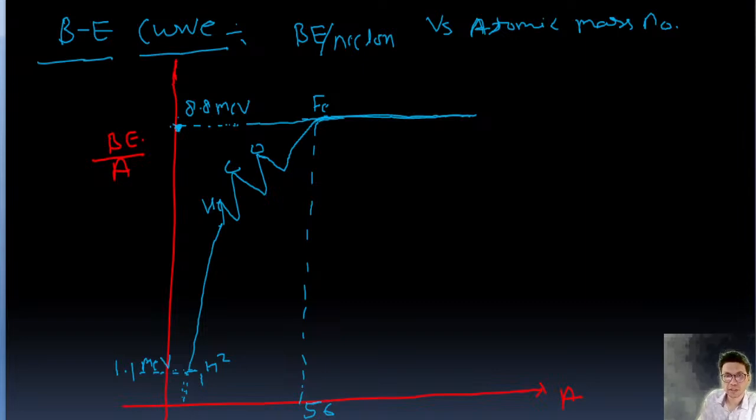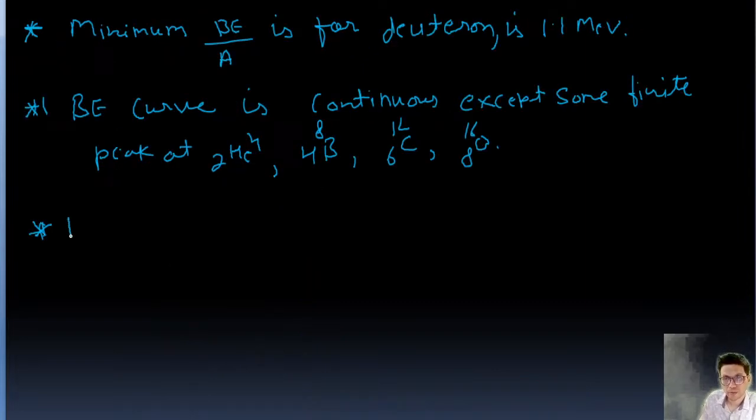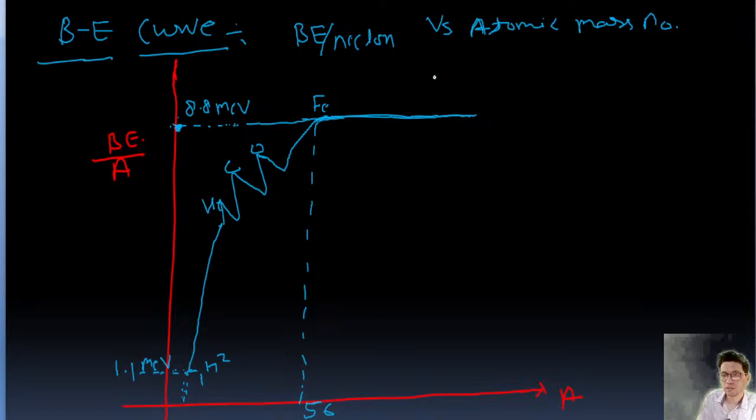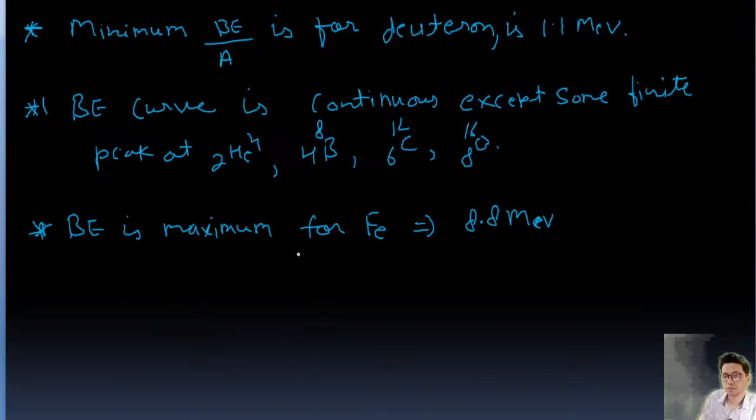So you can write that binding energy per nucleon is maximum for Fe, that is 8.8 MeV.